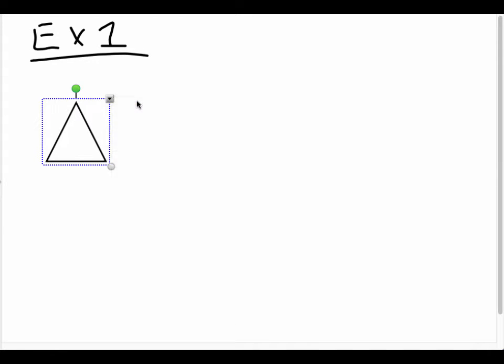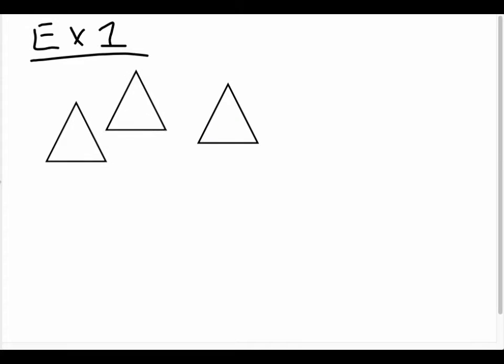All right. So in your textbook for example number 1, we've got some triangles. And they kind of look like this. So I've got 1, 2, 3 triangles.